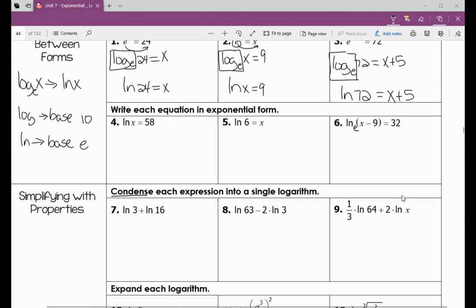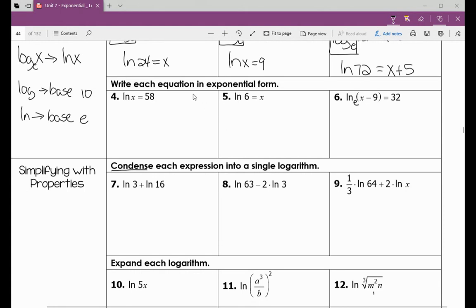Now, we're going to go backwards. We're going to write each one in exponential form. So in order to do this, you have to make sure you remember that there is a base e for every single natural logarithm. So to write it in exponential form, we want b to the x equals y. So grab your base, which is e, raise it to the 58th power, and set it equal to x.